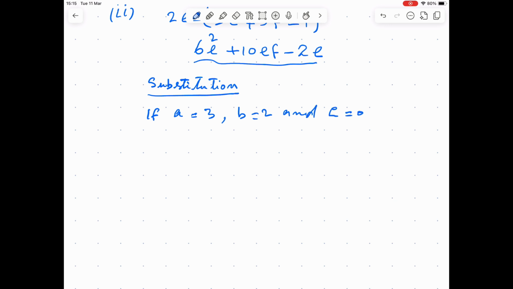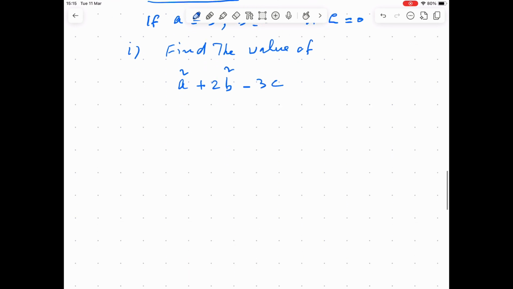So the first question will be, find the value of A square plus 2B square minus 3C.